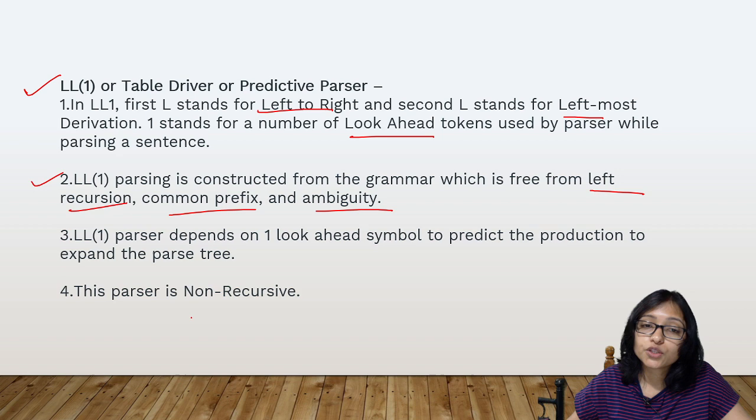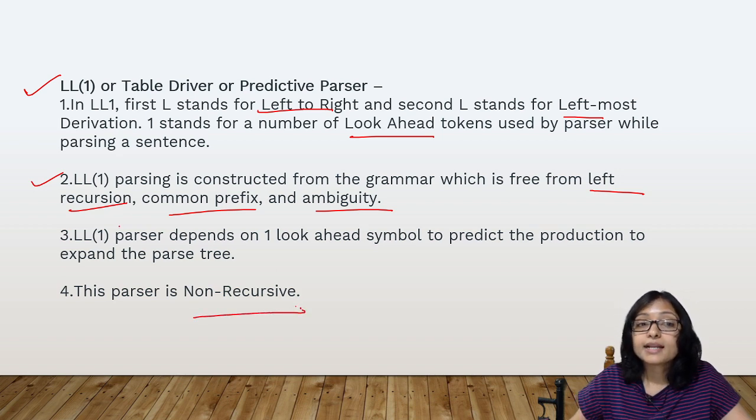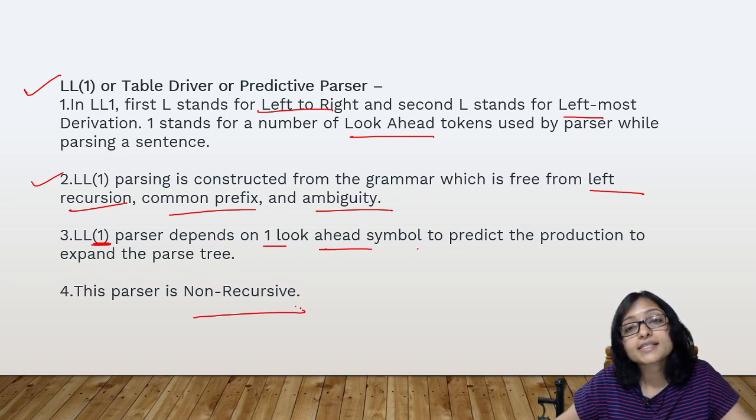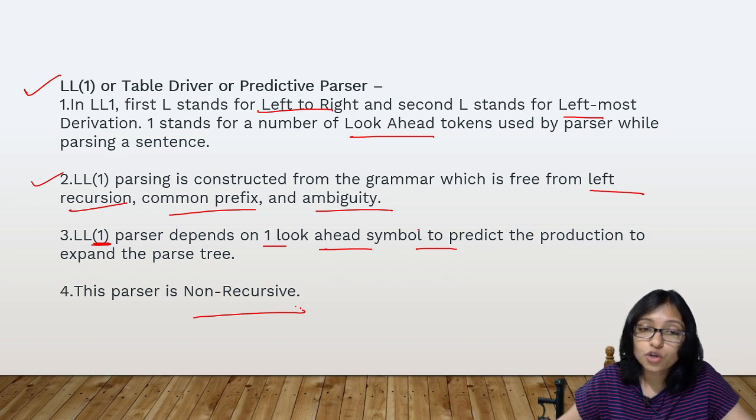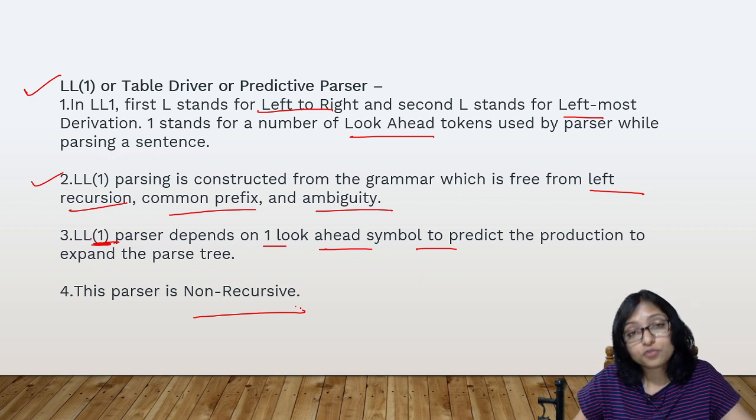Okay, and it is non-recursive. This parser is also non-recursive. And what is the meaning of this one? This one is telling you one look ahead symbol. It depends on one look ahead symbol. That's why here it is one. That is the meaning of one.